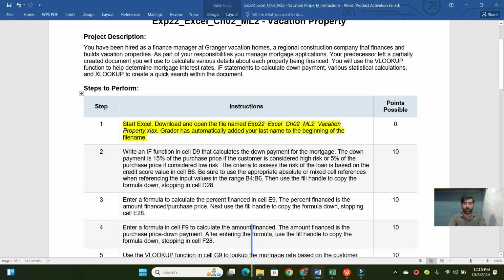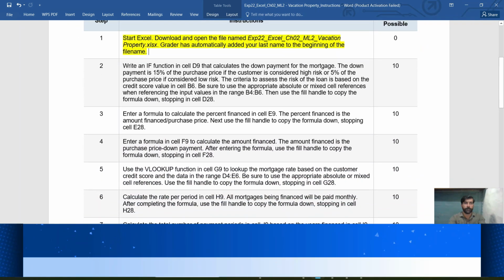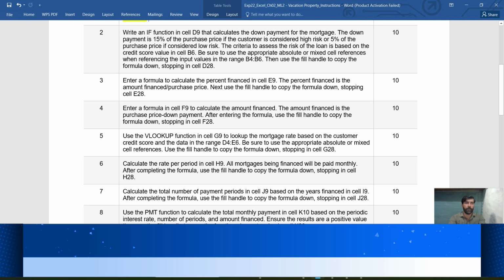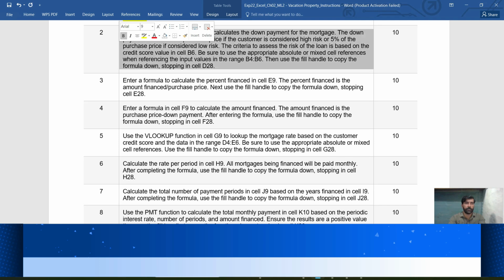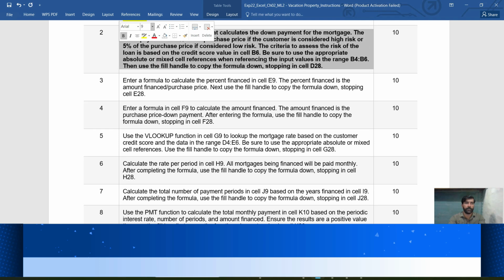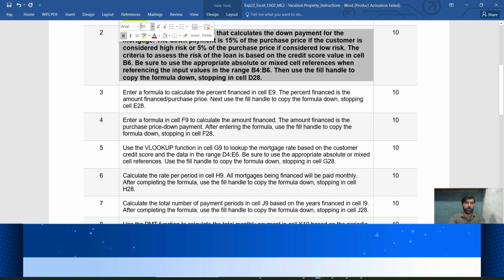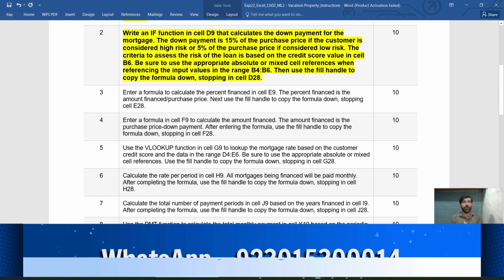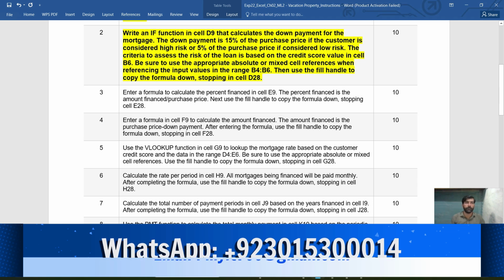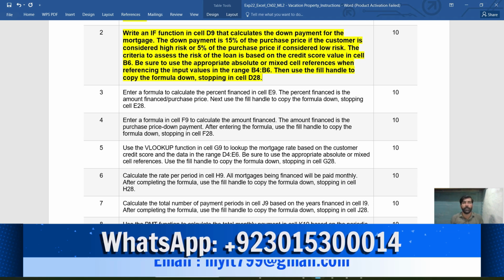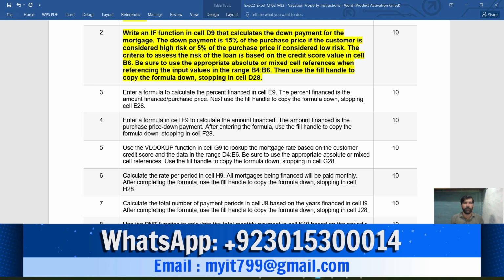Now I start the next step, and in the next step I just bold and increase its size. For your ease, you can easily see what is written here. Write an IF function in cell D9 that calculates the down payment for the mortgage.